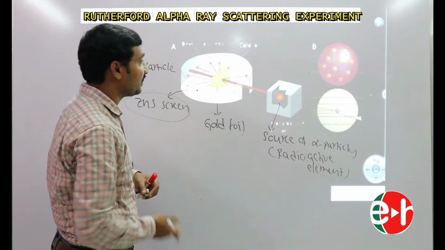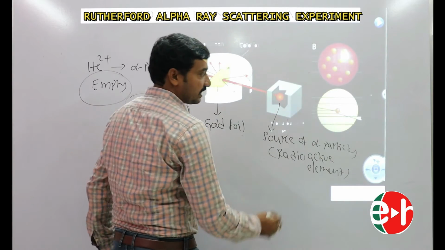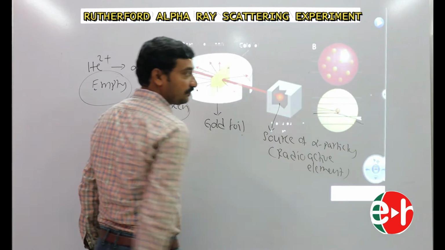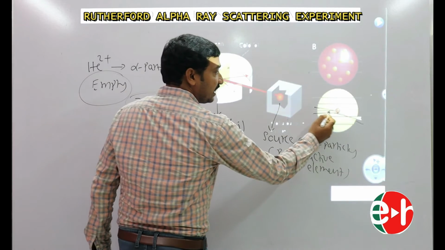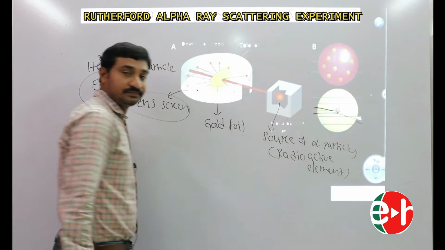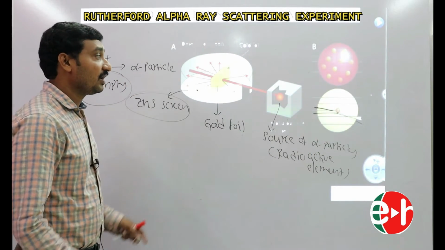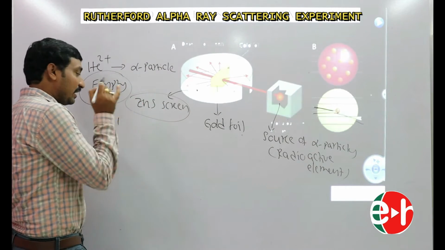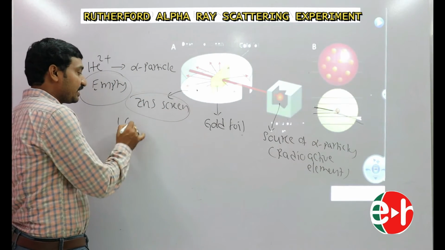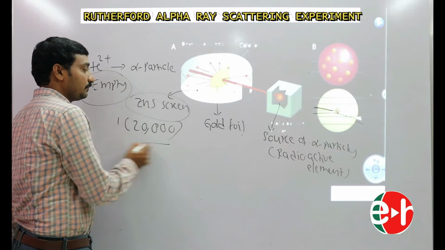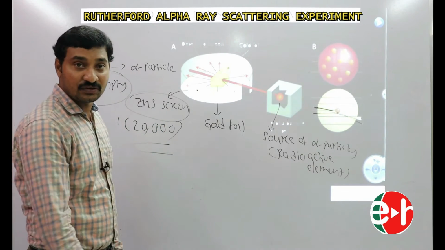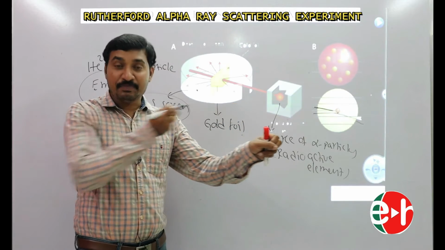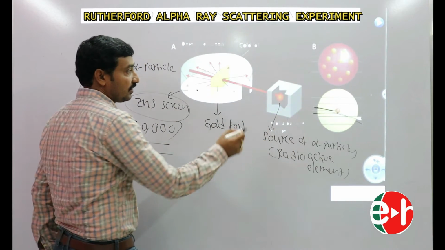Next, some alpha particles were deflected through larger angles and some alpha particles were deflected through small angles, and very few alpha particles, almost one alpha particle out of 20,000, were strongly deflected and came back in the same direction.